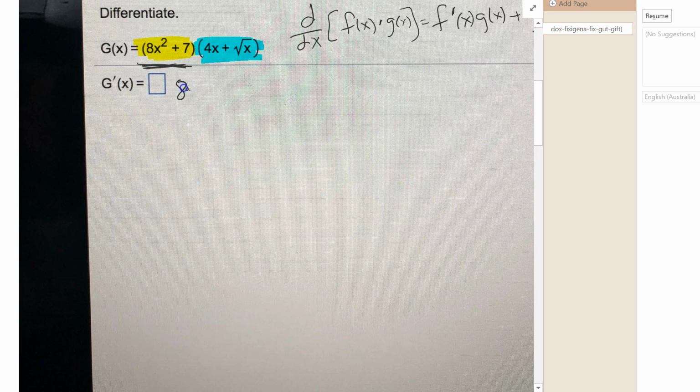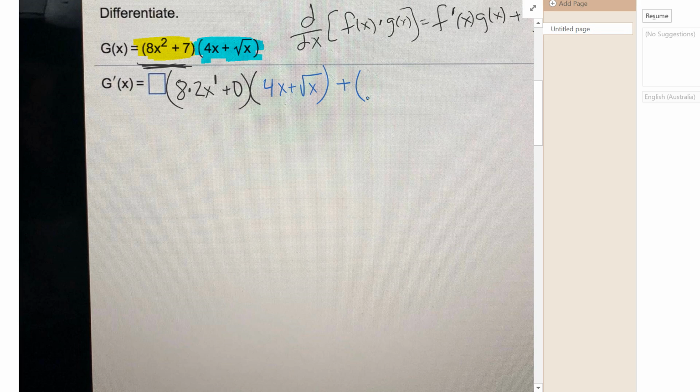So that's going to be 8 times 2x to the first power. Plus 0. I'll go ahead and write it just so it's clear, and I'll clean it up later. Hold the second function. Go ahead and write that in blue just to let you know I'm holding that.